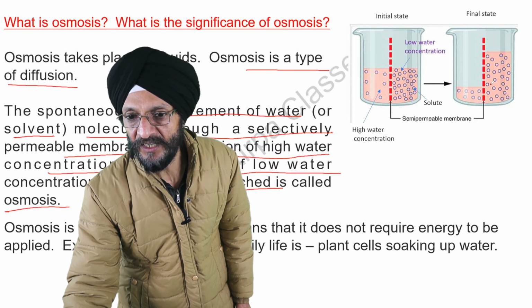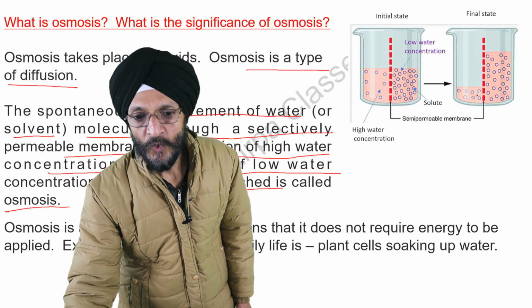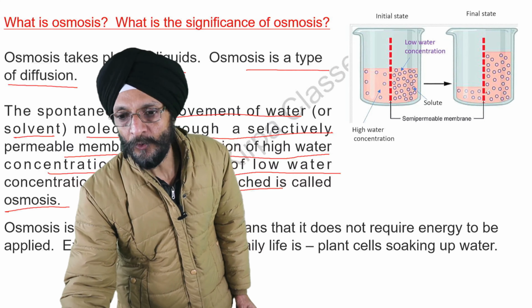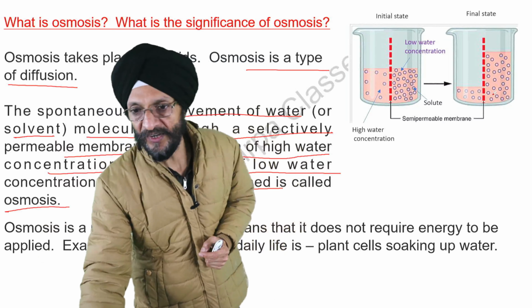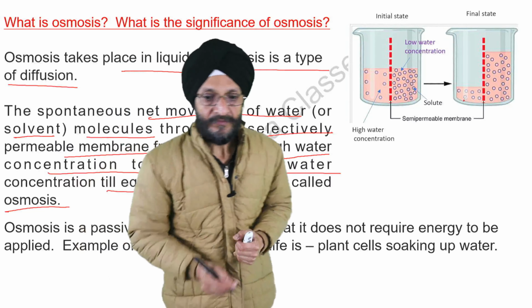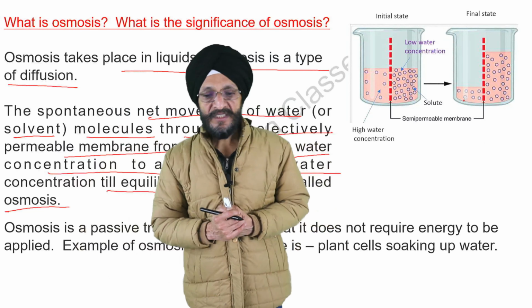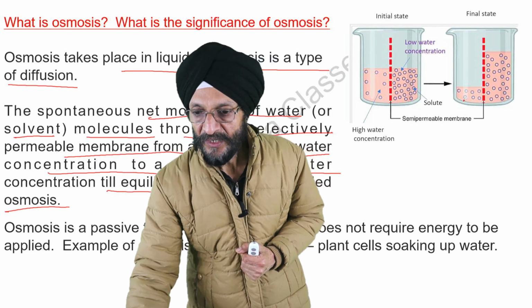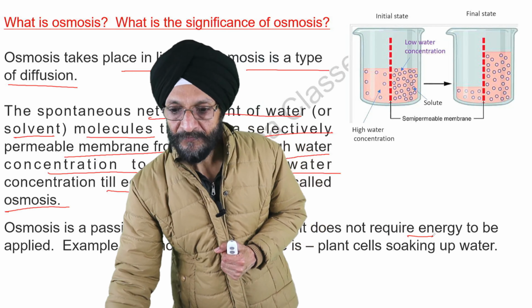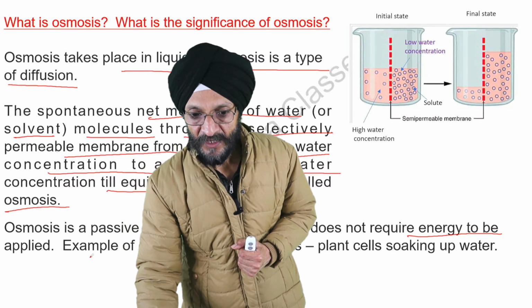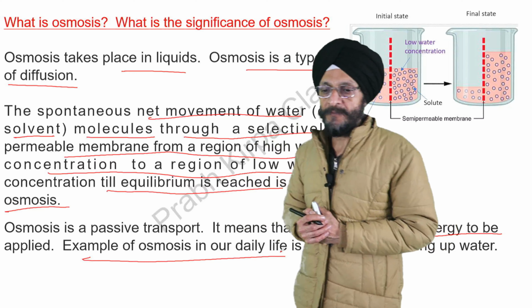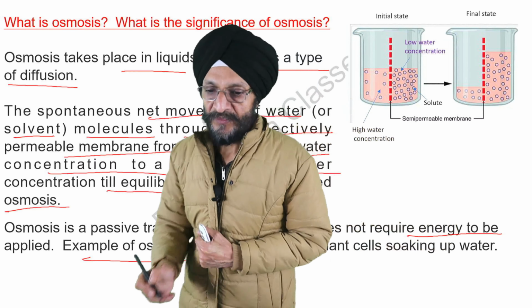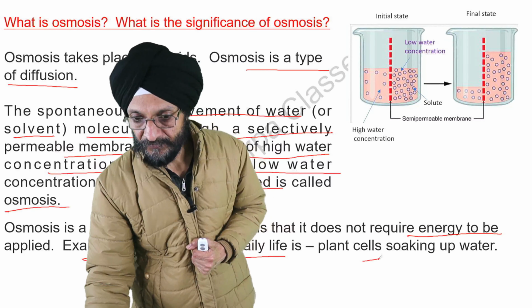You can see here that the concentration of water on both sides is now equal. Equilibrium has finally been reached. Osmosis is a passive transport. It does not require energy to be applied. An example of osmosis in our daily life is plant cells soaking up water.